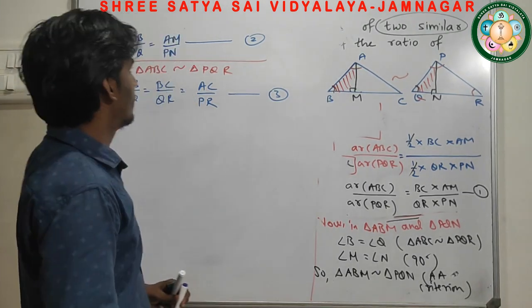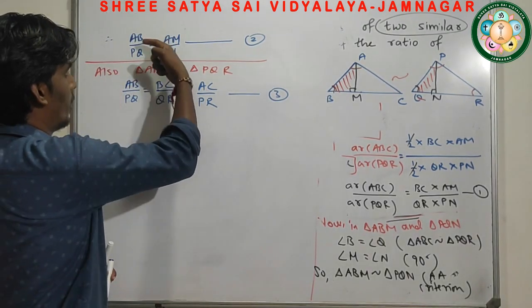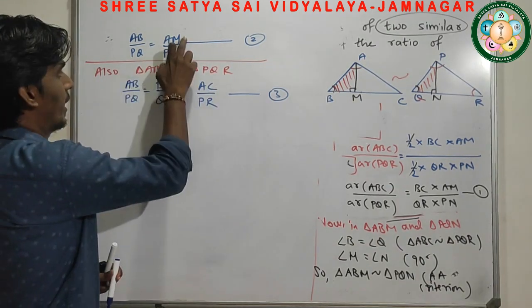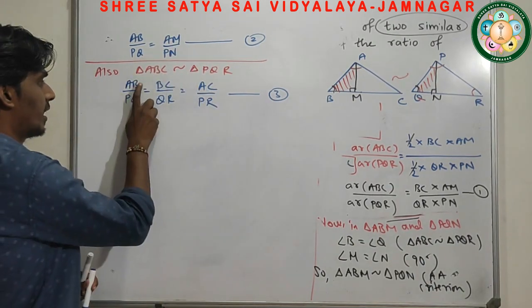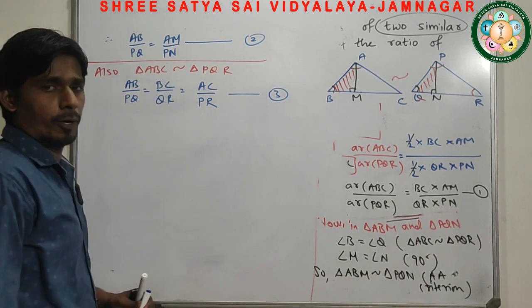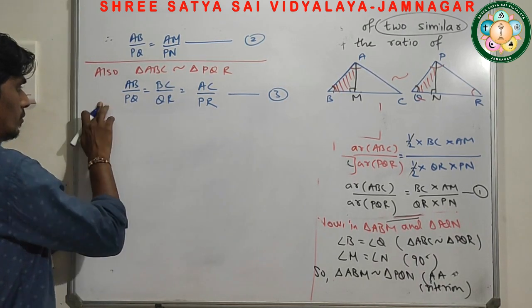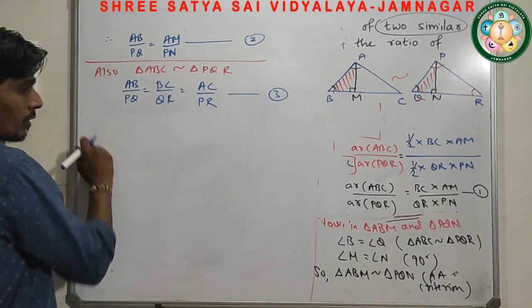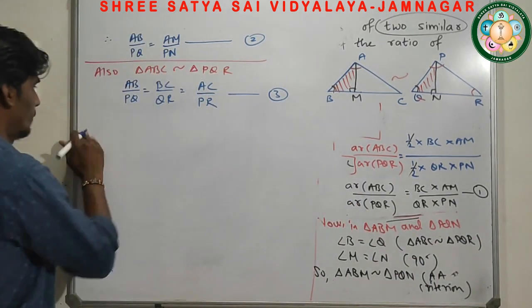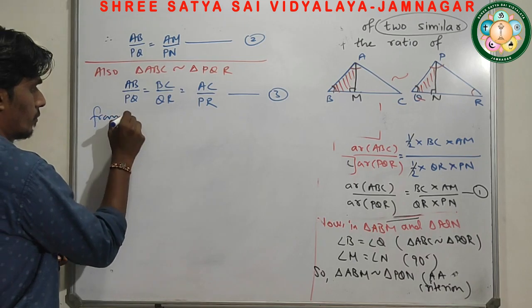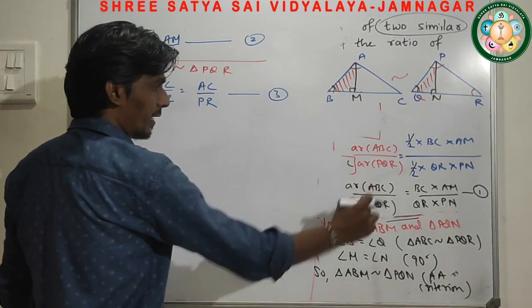Now if you just look here, this AB upon PQ is AM upon PN. And this same AB upon PQ is BC upon QR. Now from this 1, let me write down this.